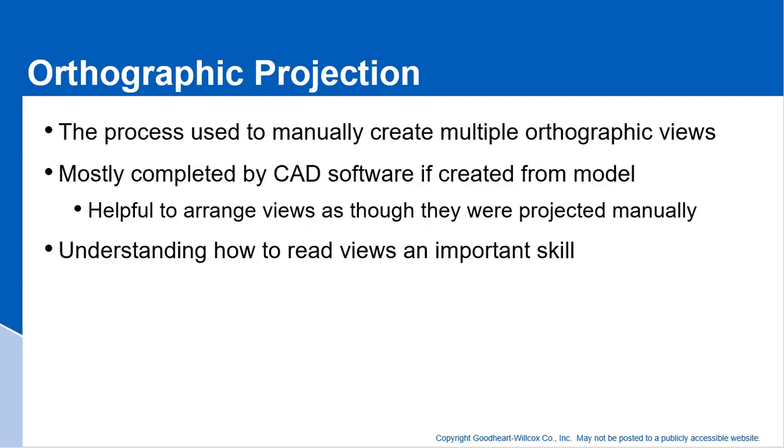You can cut sections really easily in CAD that you couldn't do on the board. Understanding how to read the views is a very important skill, and I think you guys have been working on that all along in your college career.